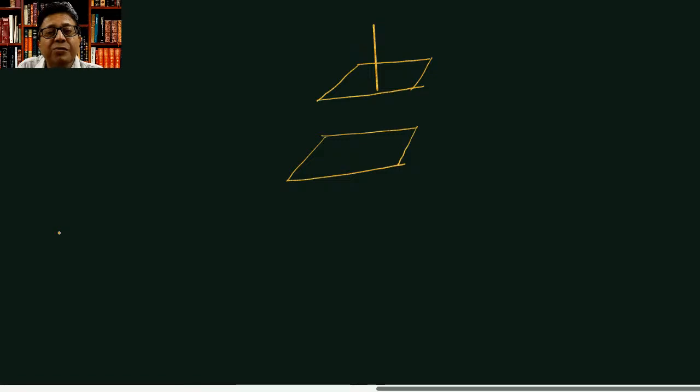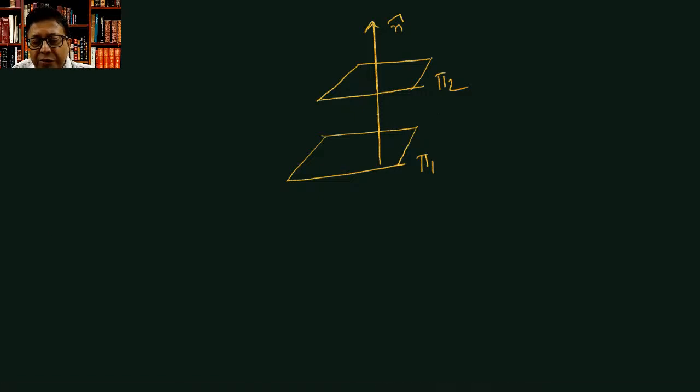What is a unit normal? It is perpendicular to both. If you draw the unit normal, it will be a unit normal to plane 1 and it will be a unit normal to plane 2 also. It means it is normal to both the planes. Okay?